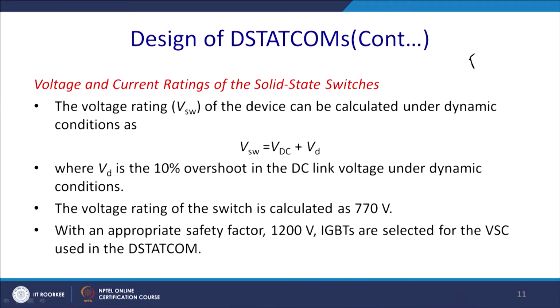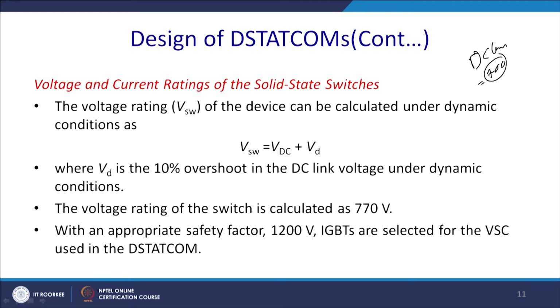Generally, the more factor of safety you use, the more reliability you get. So, for this reason, we have chosen the DC link; it is a 2 level inverter, and the DC link voltage is 700 volt. So, we choose 10% more as a surge voltage rating.